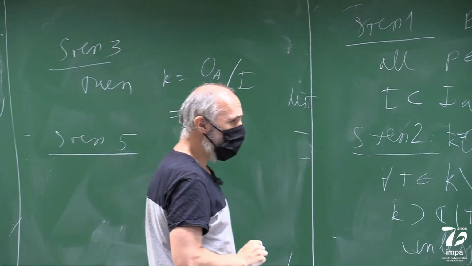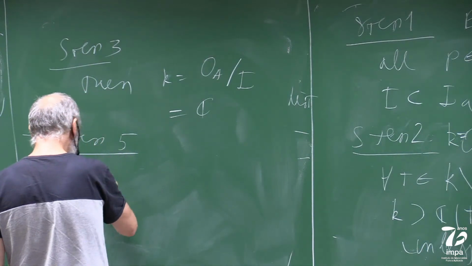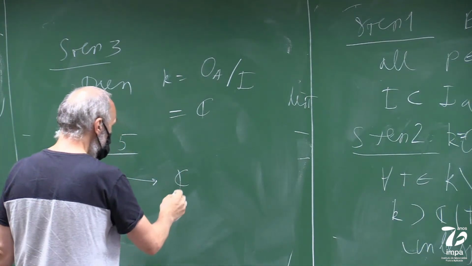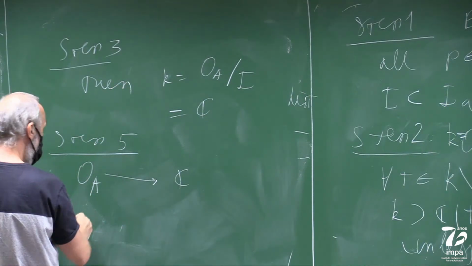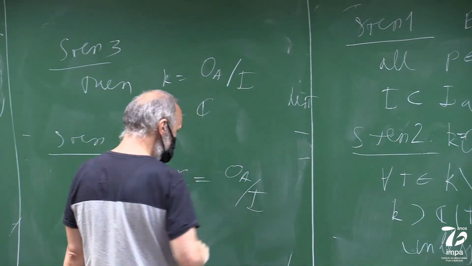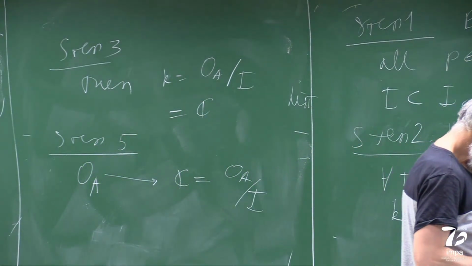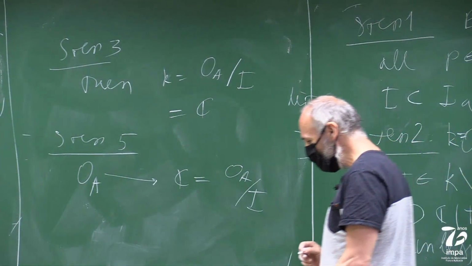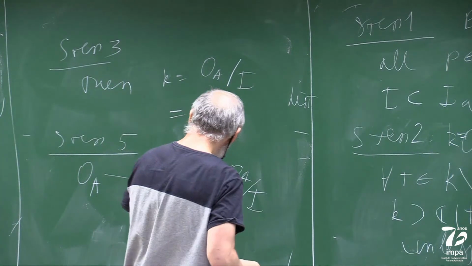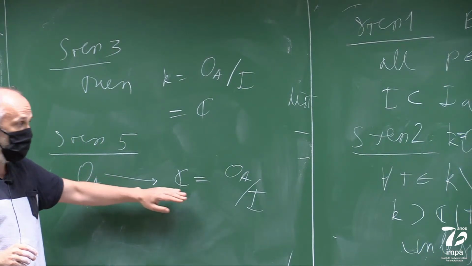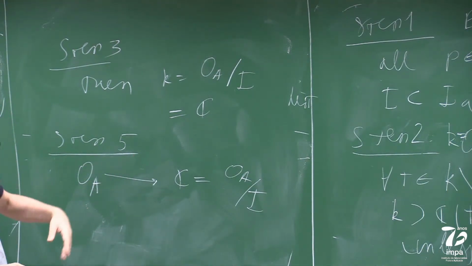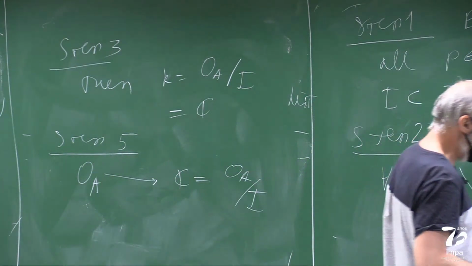So the map, which goes from OA, the ring of polynomial functions on our algebraic set A, to C, is just OA quotient by I. The important thing is that there's a bit of ambiguity here, because a priori we can have things like automorphisms of C. What is important is that this map is itself defined over C. It's a C-linear map because C is a vector space over C, OA is a vector space over C, and this homomorphism is compatible with C acting on itself.